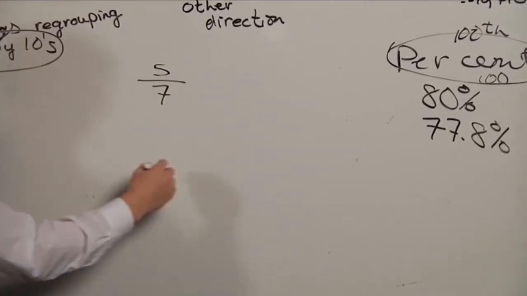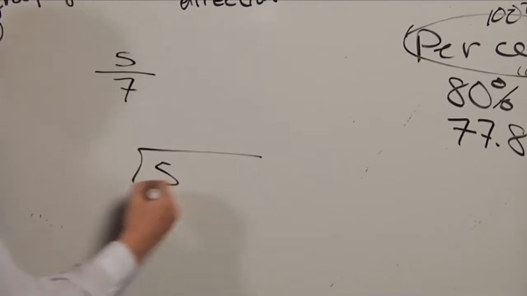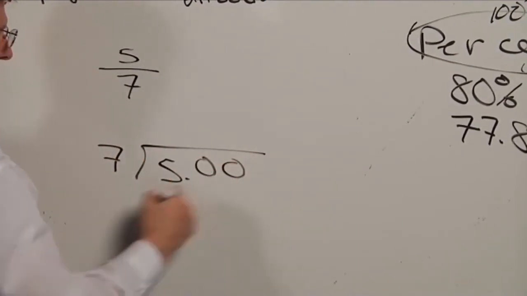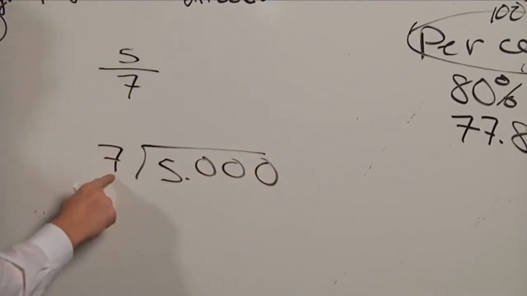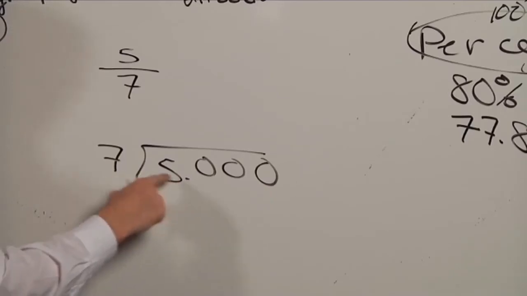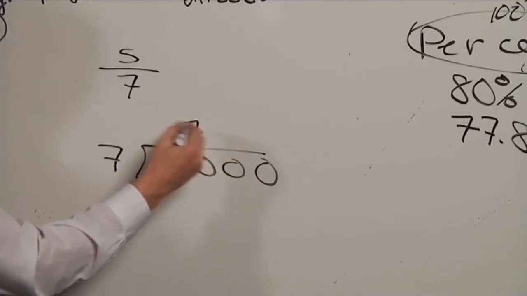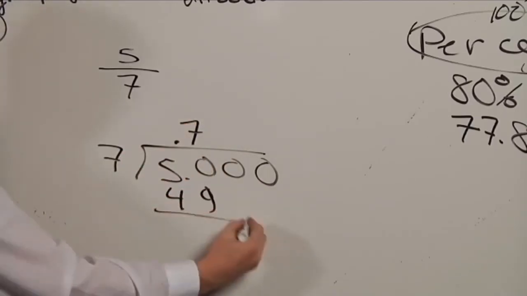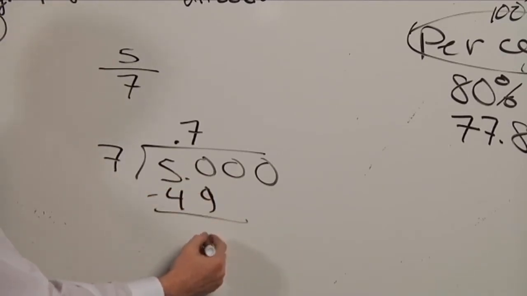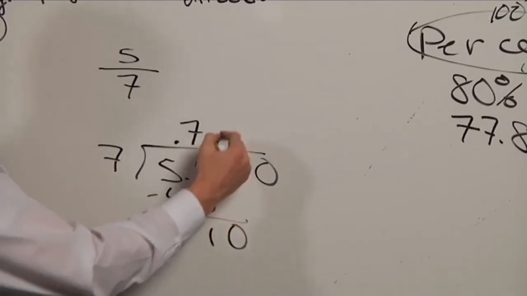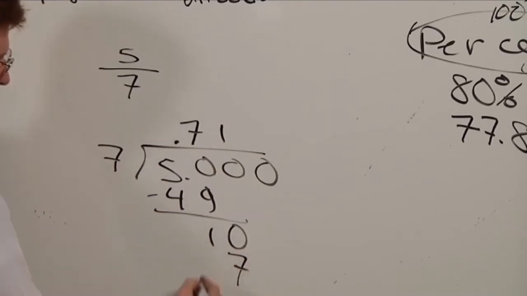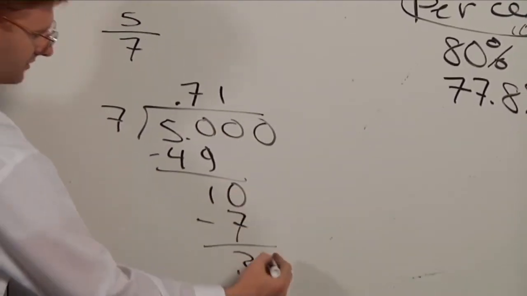5 out of 7. We're going to take 5, divide it by 7. 7 goes into 5? Nope. 7 goes into 50, 7 times. It's 49. Subtract, and we get 1, 0. 7 goes into 10 once. 3, 0.